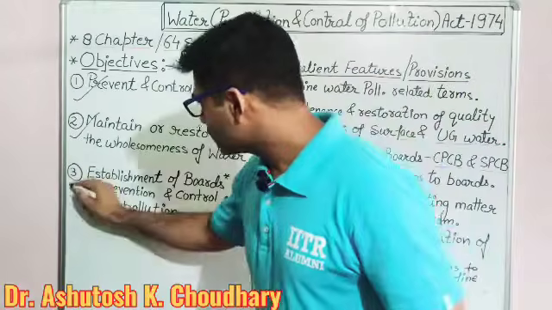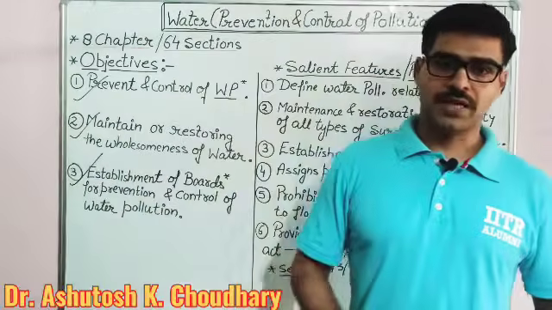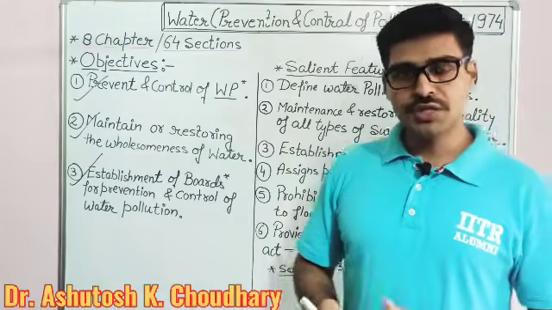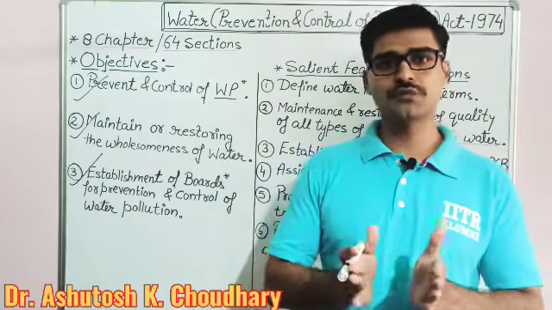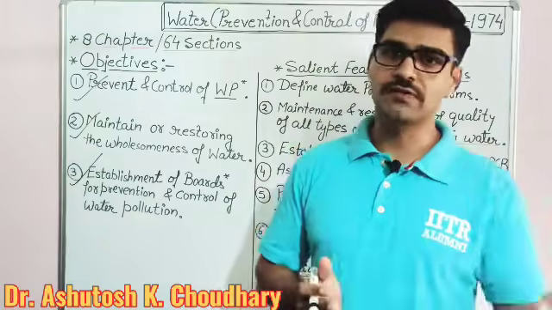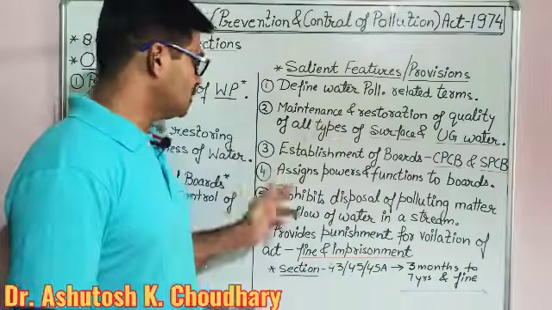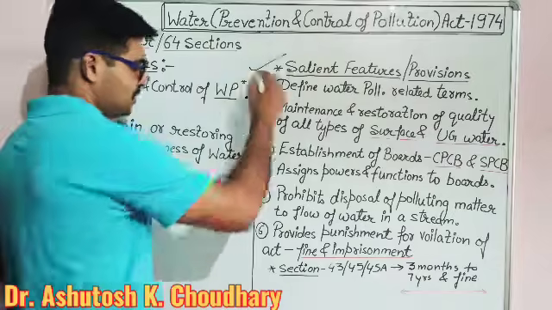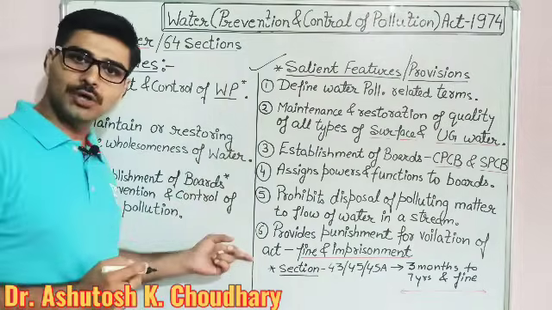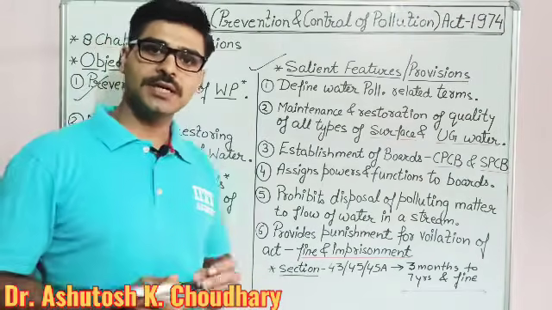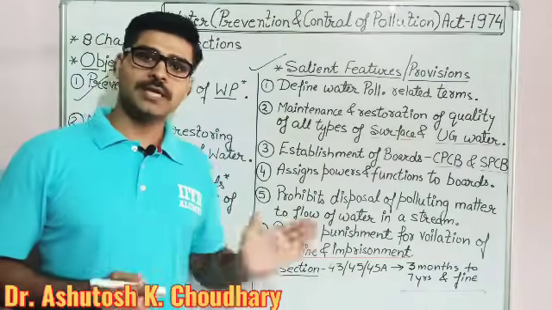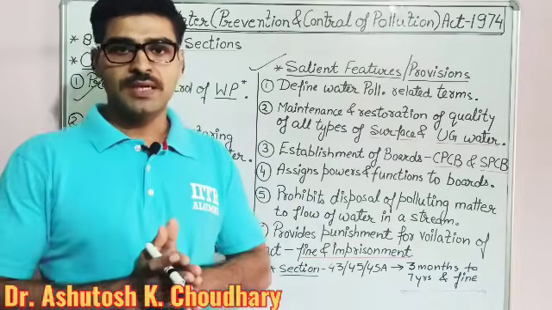Now these are the 3 main objectives of this act. Now the question is what the salient features or main features and provisions of this act are, what it covers. So here on this board I have mentioned 6 main points related to this act. इस act से related 6 main points मैंने यहाँ पे mention किए हैं.